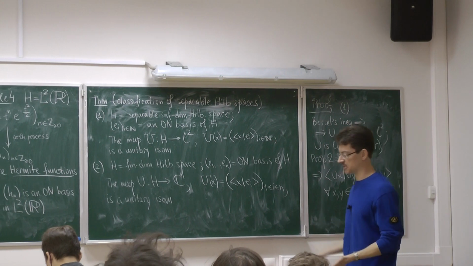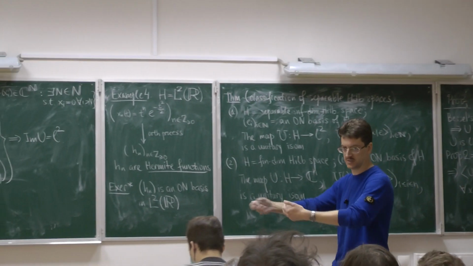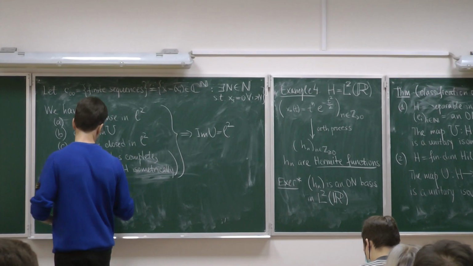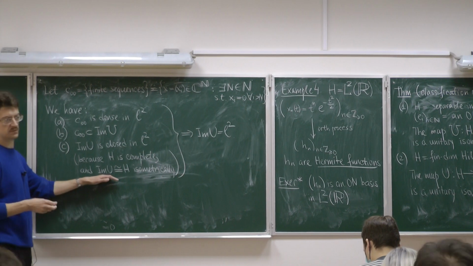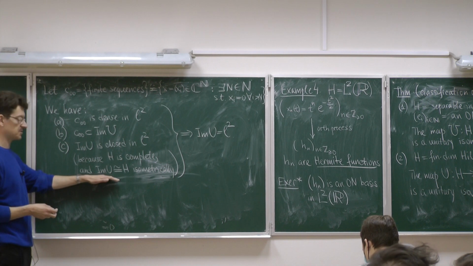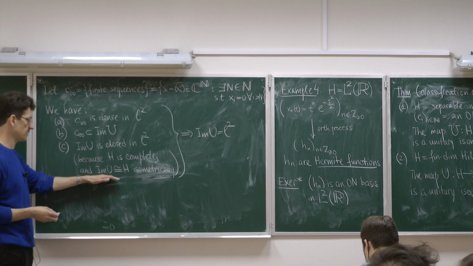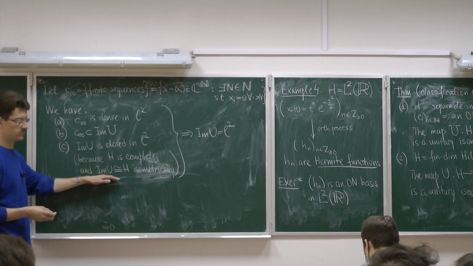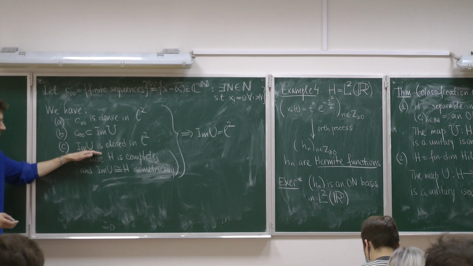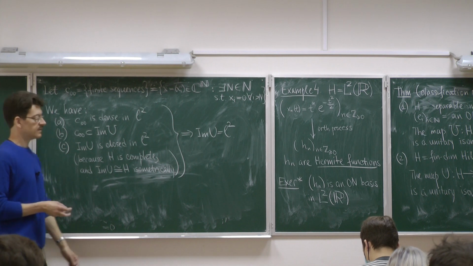So U is an isometric isomorphism of H onto its image. So the image of U is also complete. H is complete, and so the image of U is complete. But a complete subset of a metric space is closed, always. So this implies that the image of U is closed.